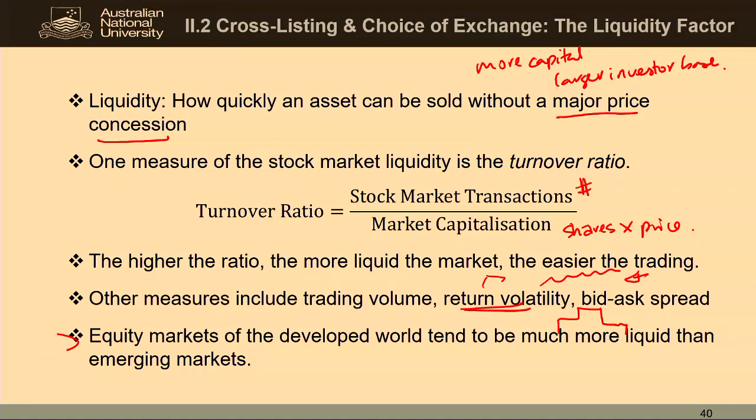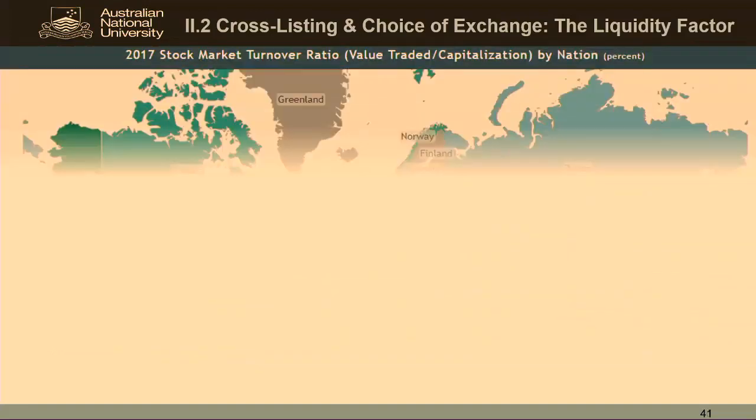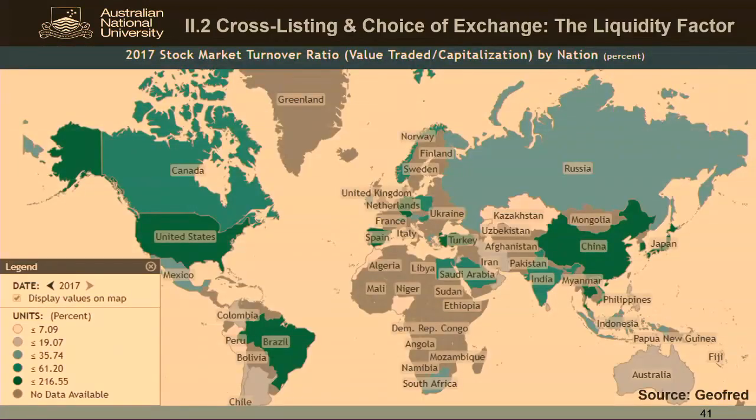Equity markets in the developed world tend to be much more liquid than emerging markets. So this is the liquidity factor of countries around the world. This maps the turnover ratio by nation. The turnover ratio, remember, the bigger, the better. So which are the countries with the highest turnover ratio? US?